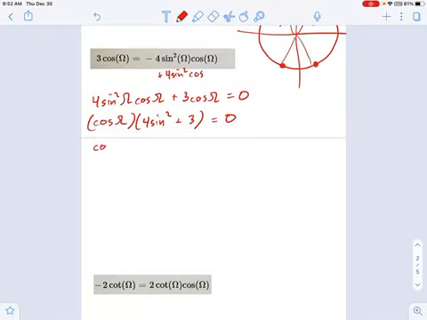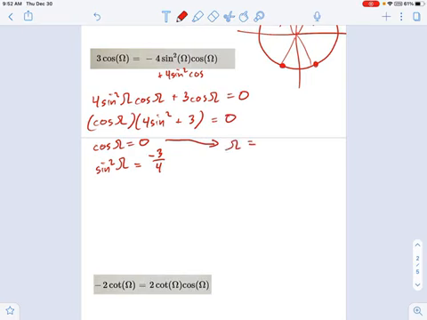On the one hand, I have cosine omega equals 0. On the other, let's see, did I do this right? Yep, this looks good. I have sine squared of omega equals negative 3/4. Those are my two solutions that I get here. And the first one, pretty easy.